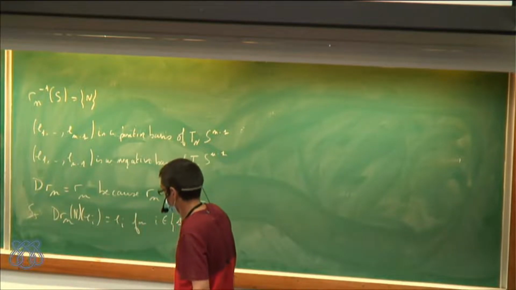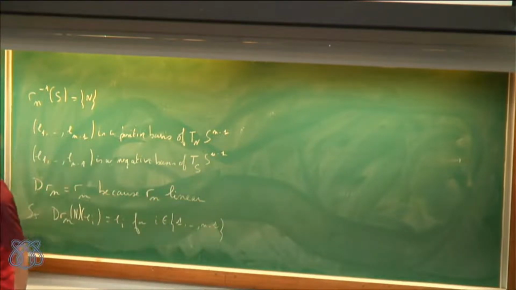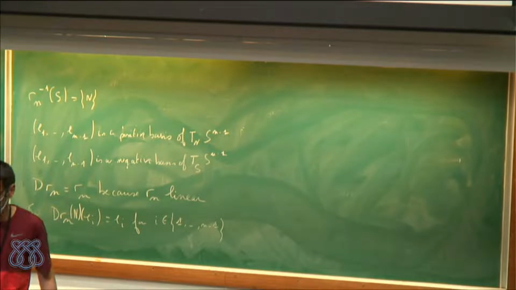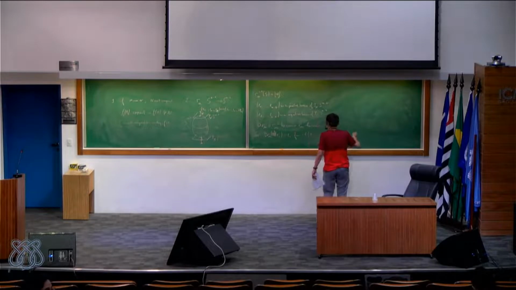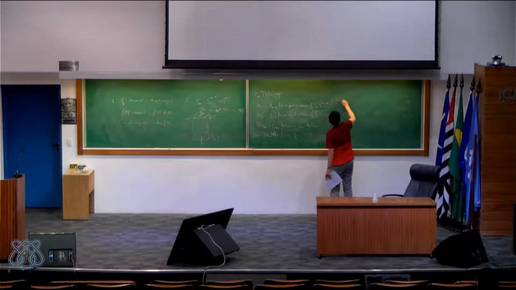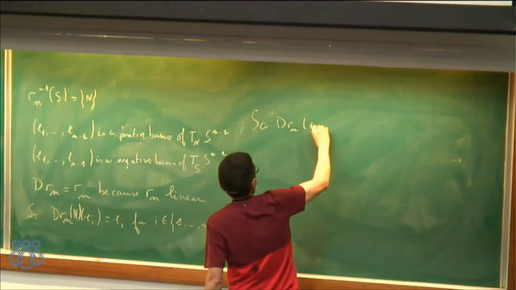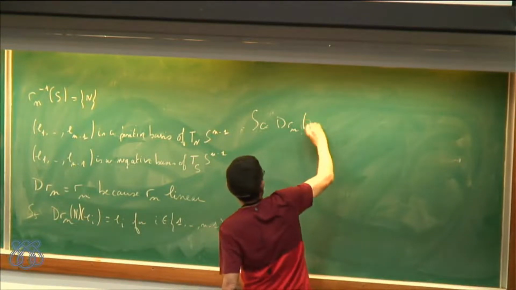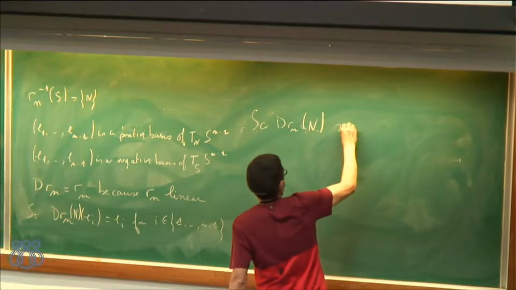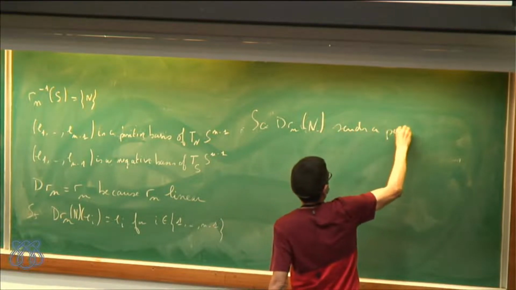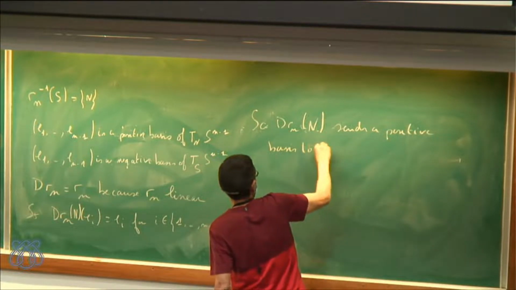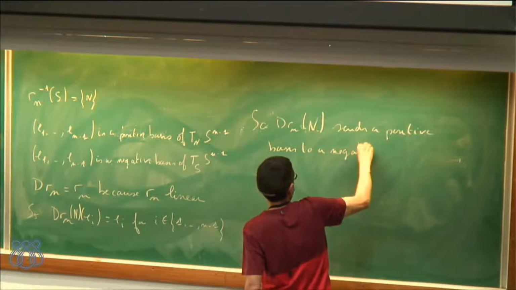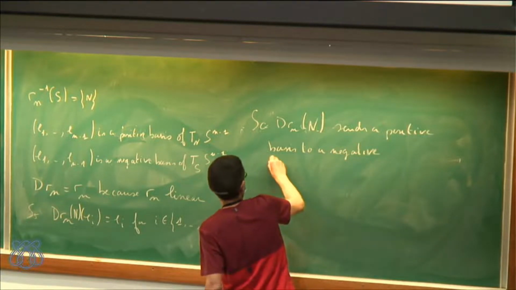Okay. So the differential maps a positive basis to a negative basis. So it reverses the orientation. So the degree is minus 1. So dR_n at N sends a positive basis to a negative one, so it reverses the orientation.